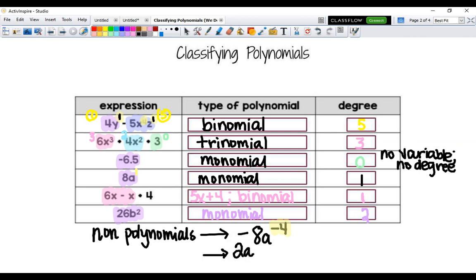And 2a over 4b, basically because it has a variable in the denominator. So those are examples of non-polynomials. And that's how we tell the type of polynomial and tell what the degree of the polynomial is.